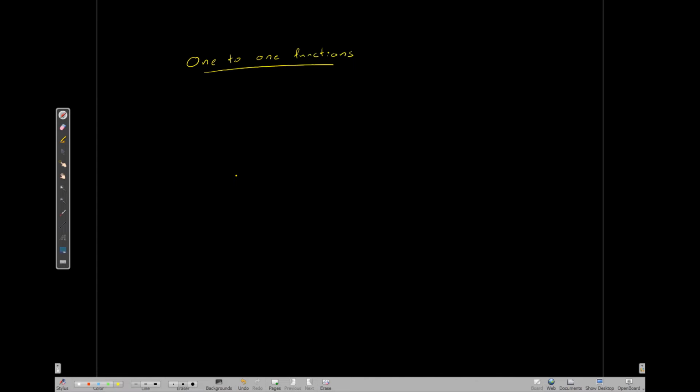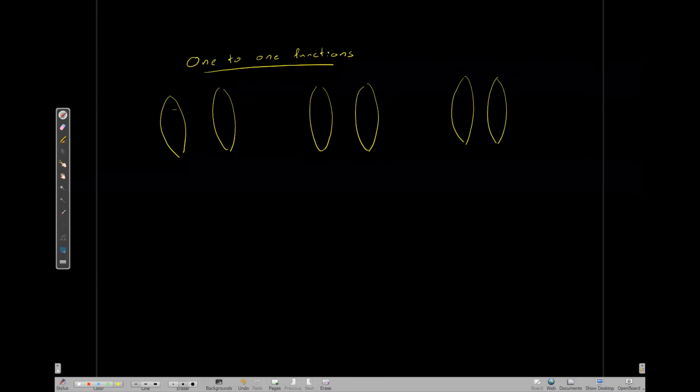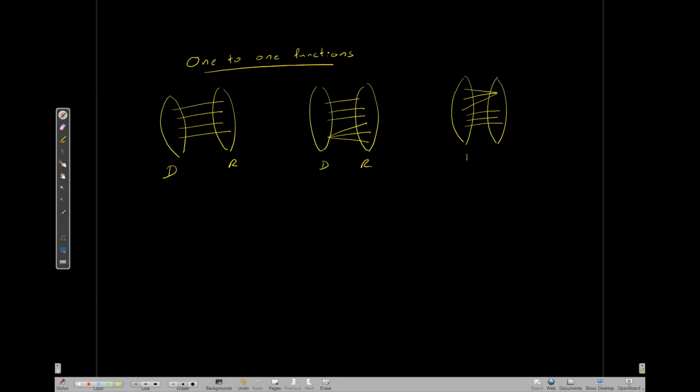If you can remember, when we started talking about functions, we drew three diagrams. Let me draw them again. So domain and range, domain and range, and domain and range.